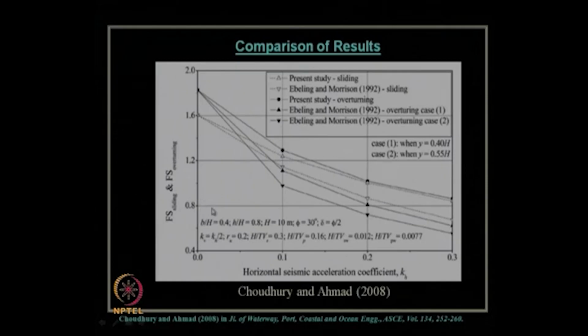Now, if we want to compare the results for the factor of safety against sliding and overturning with the available pseudostatic results of Ebeling and Morrison of 1992, which, as I said, is used by the US Army Corps of Engineers for design of waterfront retaining walls, you can see the pseudostatic values are not showing the critical design, but the pseudo dynamic method, the present study, shows the more critical design.